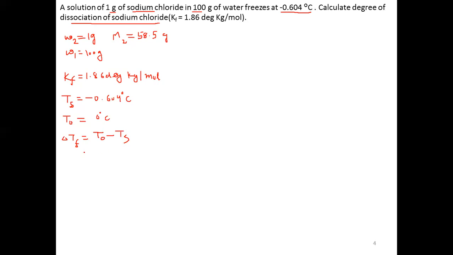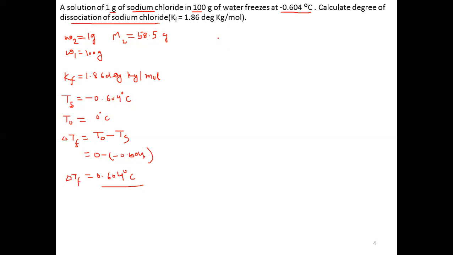This is the depression. So freezing point of water is 0 minus freezing point of solution, minus 0.604. Now minus multiplied by minus is positive. So delta Tf comes out to be 0.604 degree Celsius.